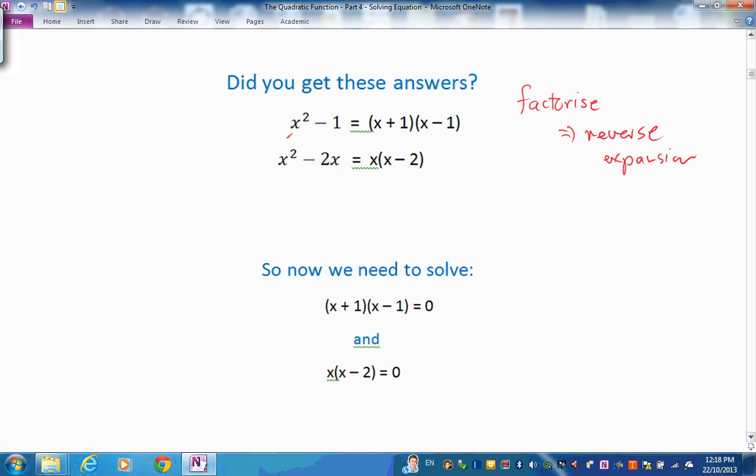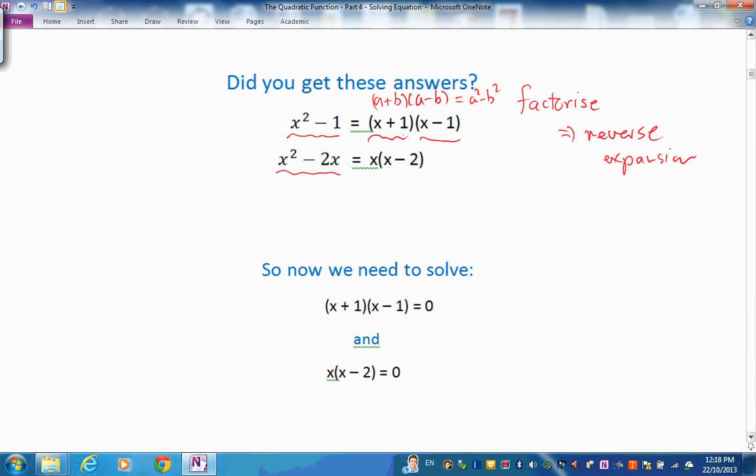Can you see that x squared take 1 would have come out from the rule (a plus b)(a take b) is a squared take b squared? Do you remember that? Now it could be useful, because I'm going to call x squared take 1 (x plus 1)(x take 1), and I've been able to write it as a product of factors. You still don't know why we want to do that, but believe me, it's going to help us a lot.